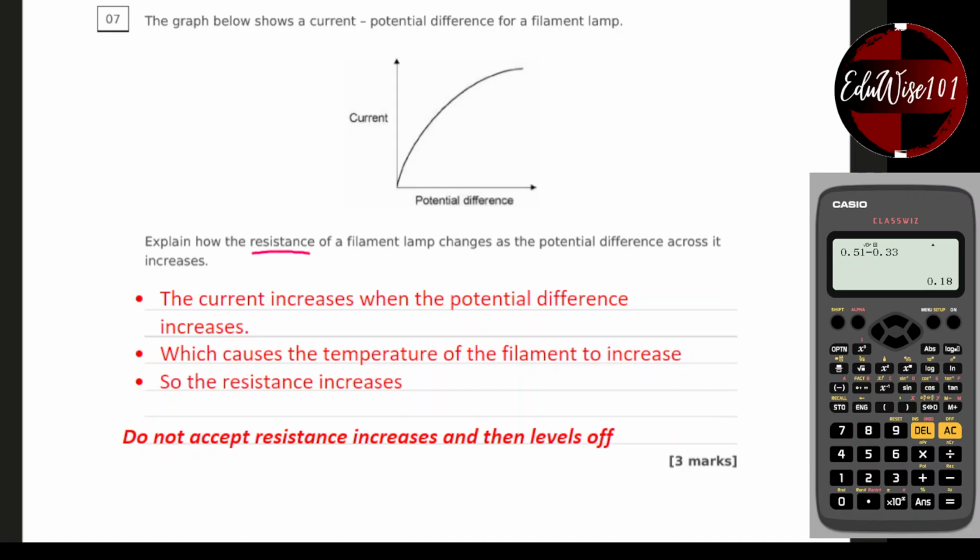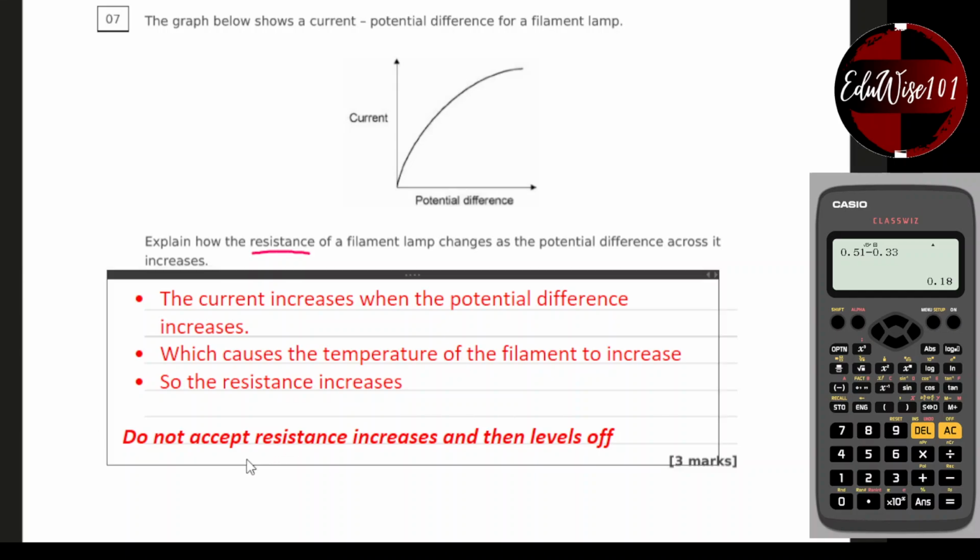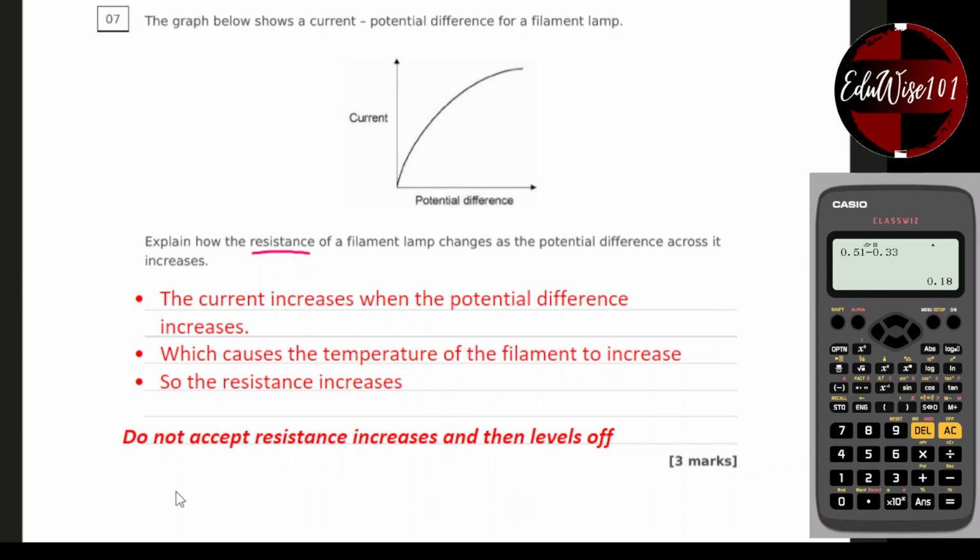So here the current increases when the potential difference increases, which causes the temperature of the filament to increase. So the resistance increases, right? You can't simply write resistance increases and then levels off, you need to say that the resistance increases.